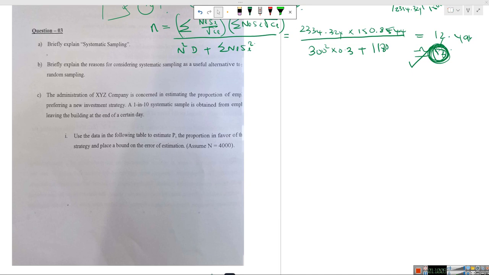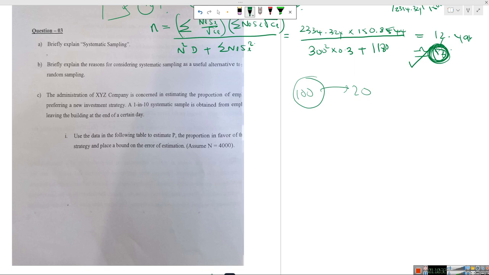So again they are asking to briefly explain systematic sampling. Systematic sampling is also similar to simple random sampling. Let's say we have 100 people, and considering all are homogeneous, we are going to take 20 people. If it is simple random sampling, we may randomly select 20 people, or otherwise we may use a random number table.